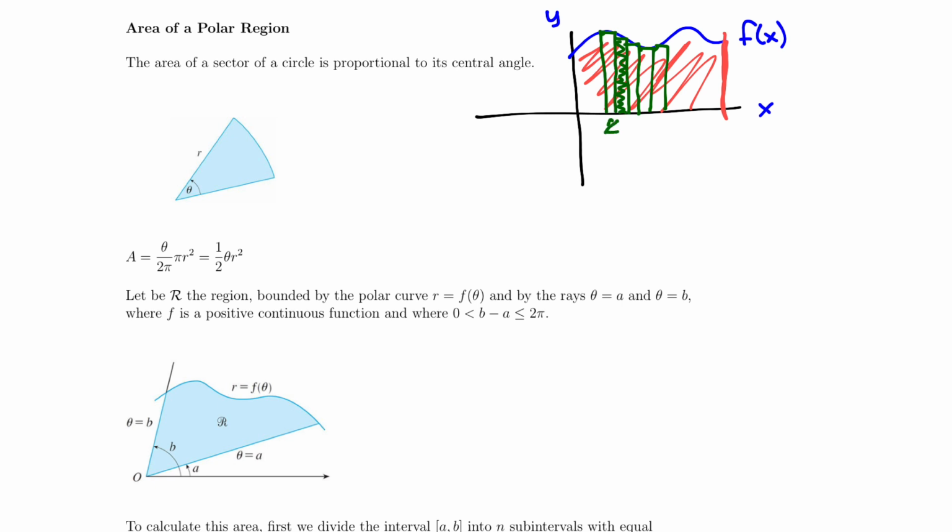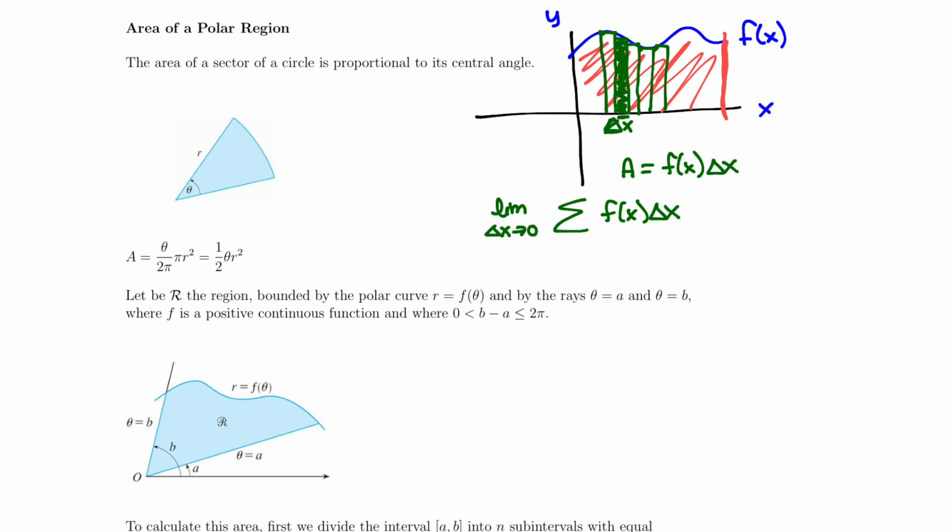So we had a couple symbols. We had this delta x, which described the width of each rectangle. And we had this guy here, which is a rectangle. So we looked at the area of the rectangle, which would be the height times the width. We added up all of those rectangles. And then we took a limit as those rectangles shrank, right?